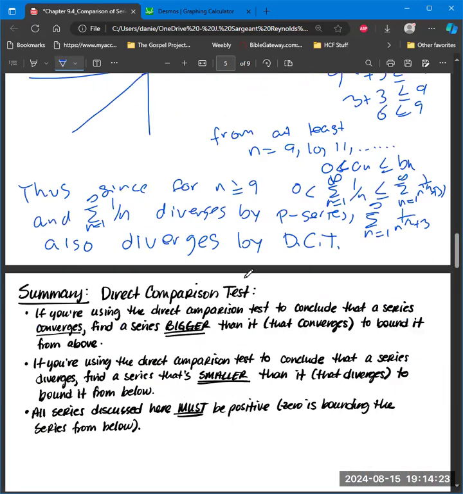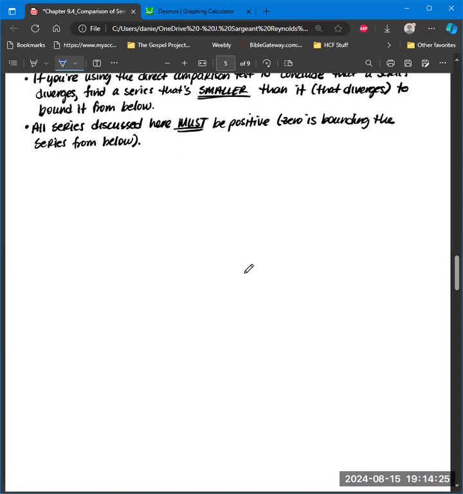I just followed what the textbook would do here, but I'm going to take the sum from n equals 1 to infinity of 1 over n to the 1/2 plus 3. I know that it's related to the sum from n equals 1 to infinity of 1 over n to the 1/2. But I know that that's not going to work. That's bigger.